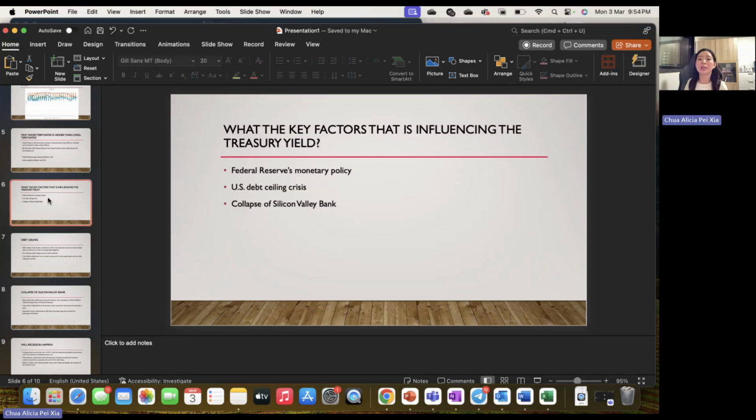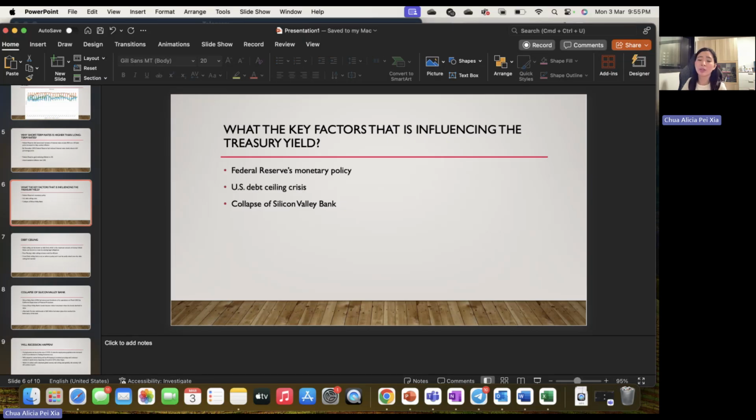Next, what are the key factors influencing the Treasury yield? There are 3 key factors: the Federal Reserve monetary policy, the second is the US debt ceiling crisis, and the third is the collapse of Silicon Valley Bank. The Federal Reserve monetary policy is the one that we discussed earlier. They raised the short-term interest rates to curb high inflation rates, because the inflation rate had gone up to about 9% in 2023.